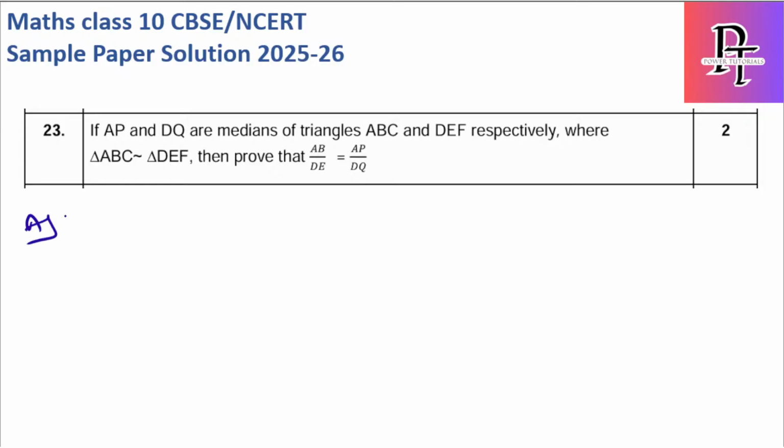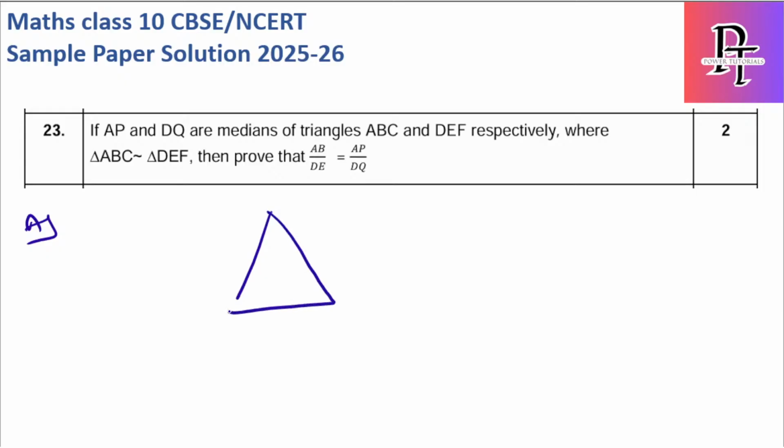The 23rd is a 2 marks question. If AP and DQ are the medians of the triangles respectively, where triangle ABC is similar to triangle DEF, we need to prove AB by DE is equal to AP by DQ. I'm just drawing the triangles again.